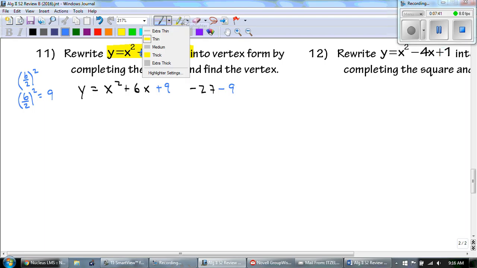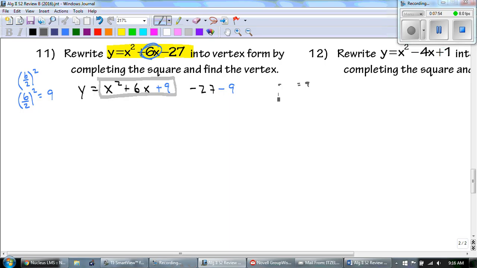Okay, so this part right here, we need to factor. Numbers that multiply to 9 and add to get to 6 are 3 and 3. So I can rewrite that part as x plus 3 times x plus 3.